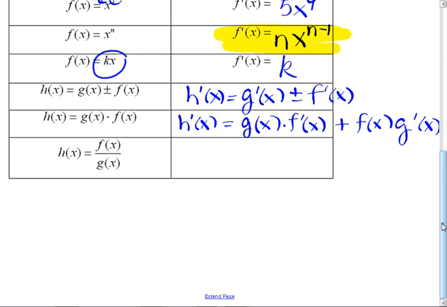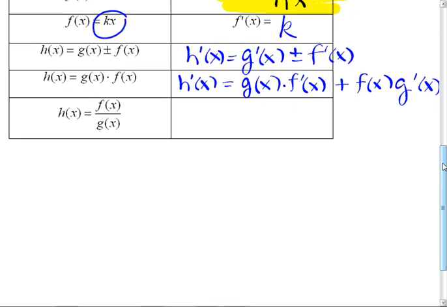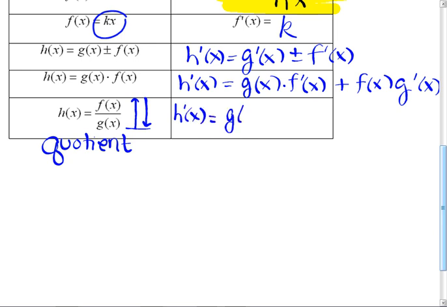Now, the quotient rule. Quotient means the answer after you've divided. I'll do it two ways. I start downstairs. I start in the denominator and go up, and then I come back down. So it's the denominator times the derivative of the numerator. And because I'm going back down, this is going to be negative.